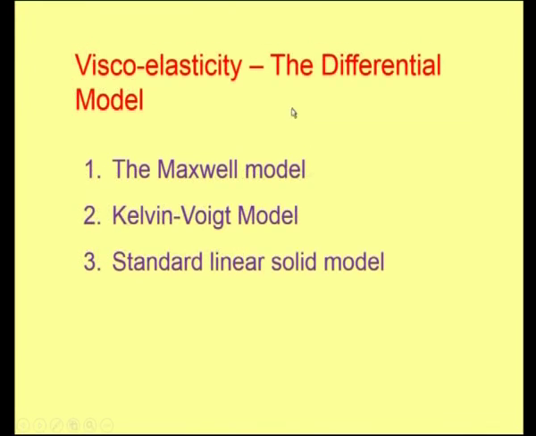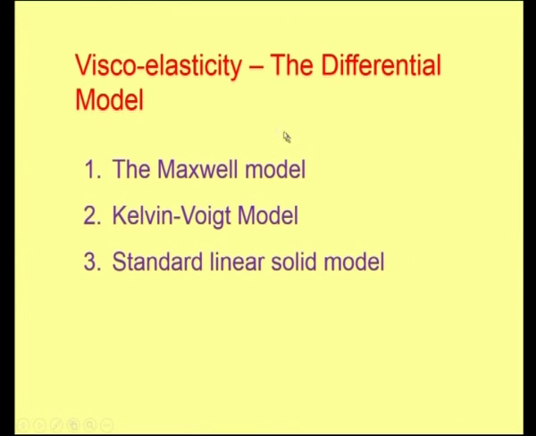In the differential model, there are three standard models. One is the Maxwell model, another is the Kelvin-Voigt model, and the third is the standard linear solid model. The first and the second, the Maxwell model as well as the Kelvin-Voigt model, do have some drawbacks. Therefore the standard linear solid model comprises both these models.